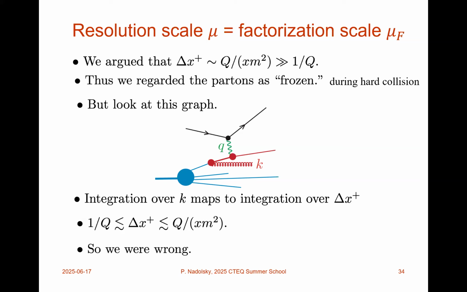And if we include the effects of the radiation, first of all, x is no longer fixed, but the factorization scale can also vary in some range, right? And how do we see that?